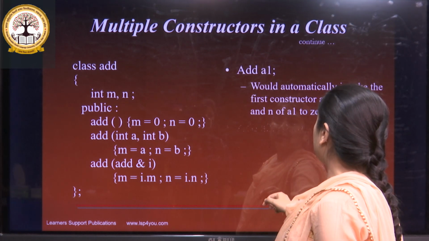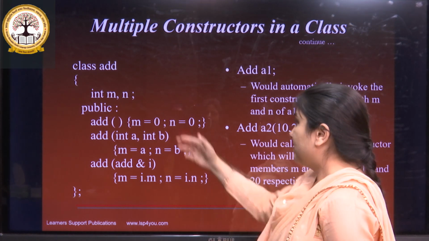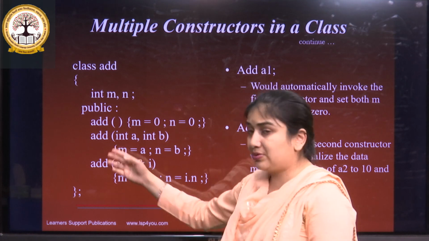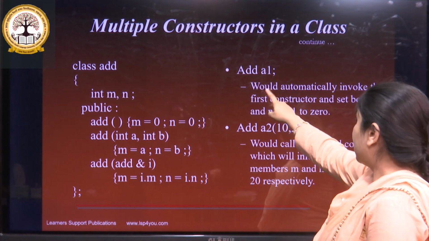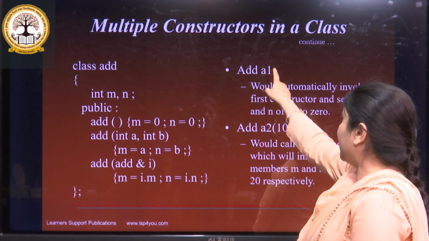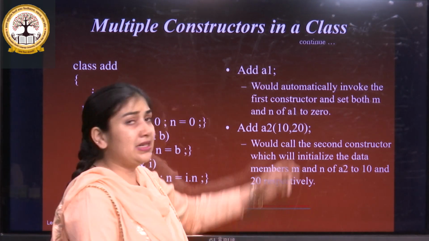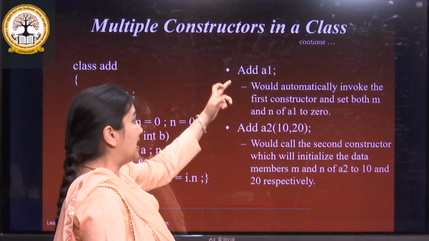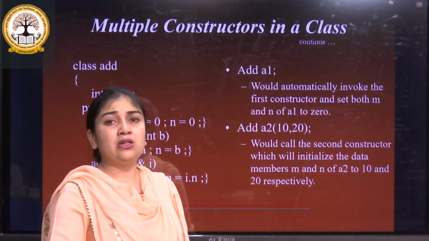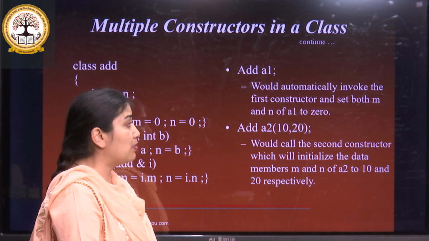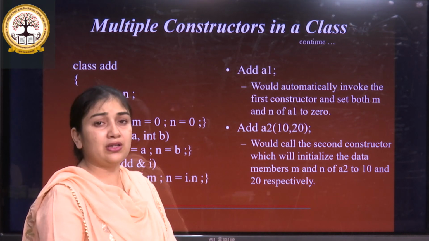This is another example for the same. We have again taken a class add. To explain this, consider add A1. Here A1 is an object of the class add, and this would automatically invoke the first constructor and set both m and n of A1 to 0.